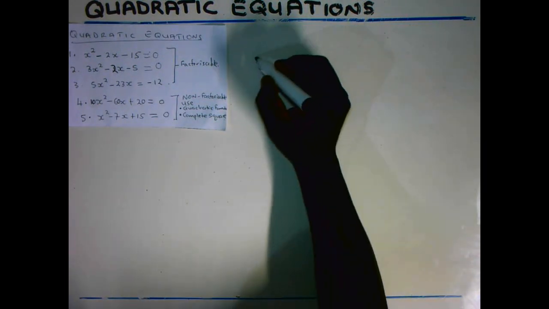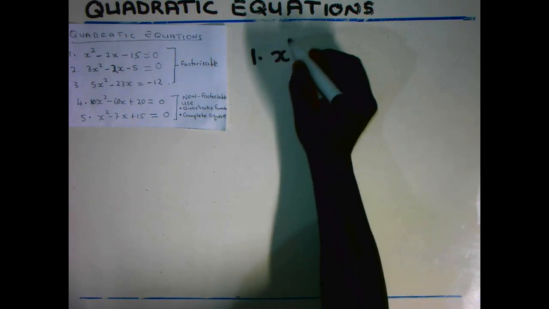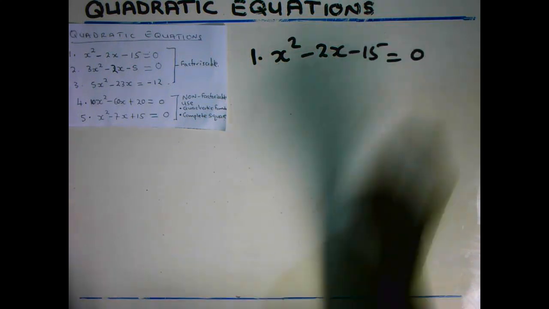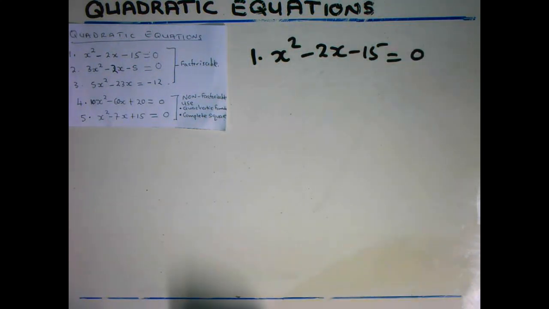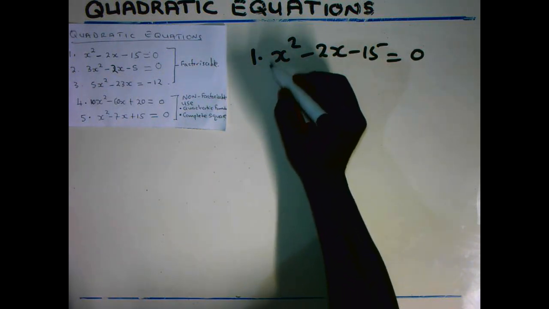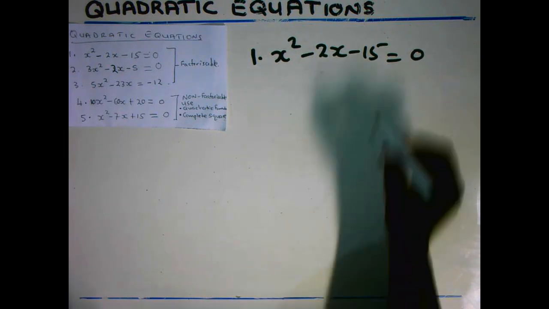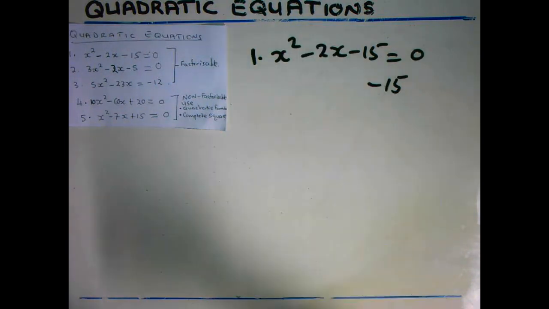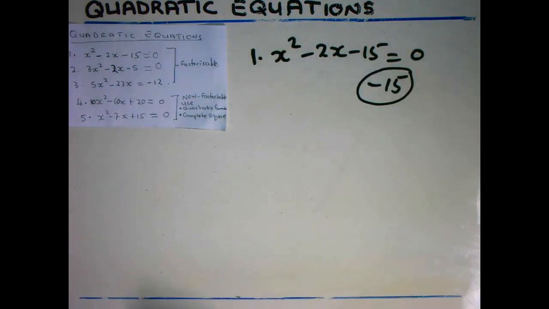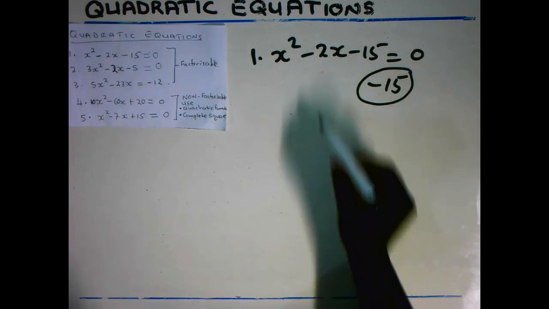How do you solve number 1? x squared minus 2x minus 15 is equal to 0. Like what we did when we were looking at factorization, because the coefficient of x squared is 1, look at minus 15. Look for 2 factors of minus 15 which, if added, will give us minus 2.